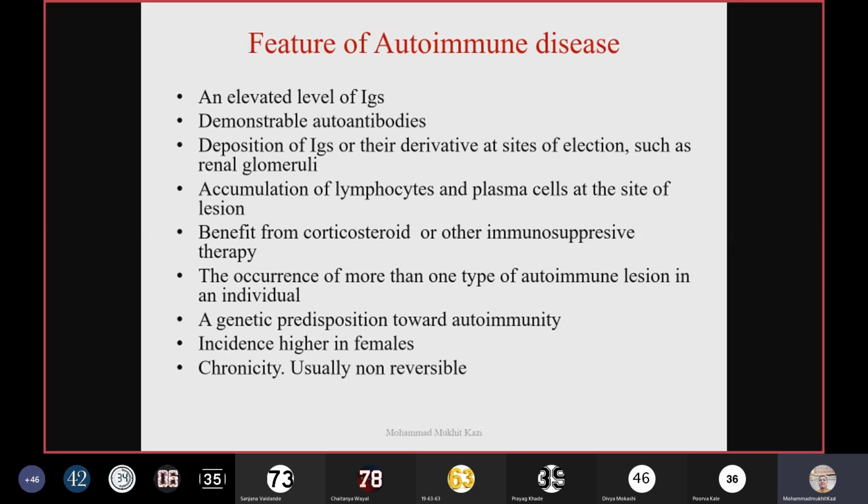And if you look at the chronicity, it is usually non-reversible. Once the person is detected as having an autoimmune disease, it cannot be reversed. Very rarely it is possible to reverse the disease, because it is a defect in the immune mechanism. So once there is a defect in the immune mechanism, it is not possible to reverse the condition.